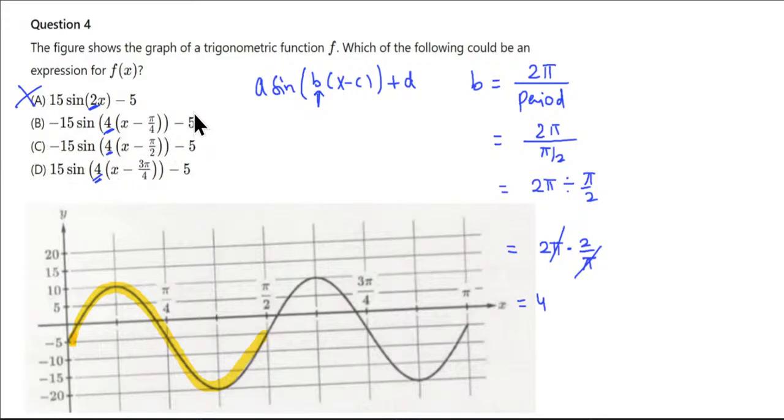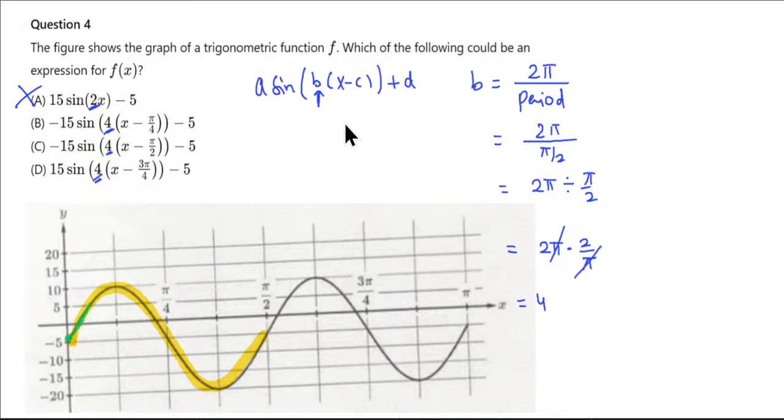For b, c, and d, the midline is the same in all of them, right? It's -5. I can also just see it. So that's not going to help us. Now, what can help us is whether a is positive or negative and what the horizontal shift is. Ideally, I just see that the sine curve looks very usual because it starts from the midline and it's climbing, right?